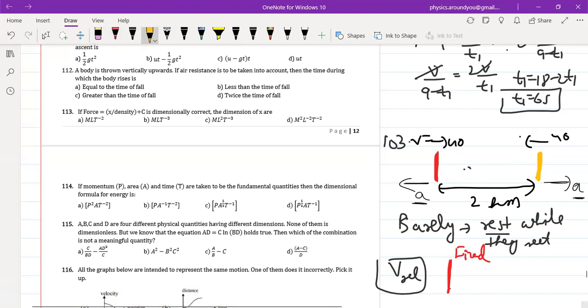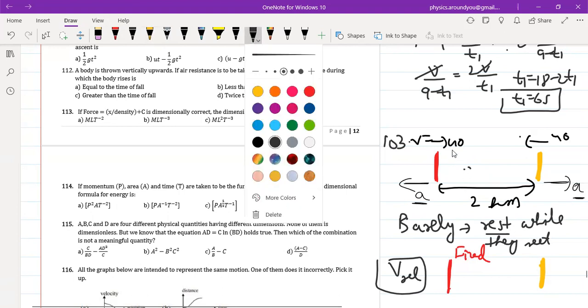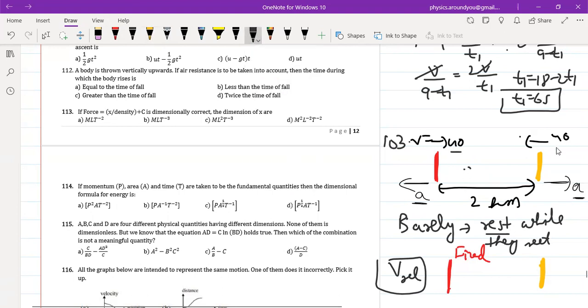What would be the speed of the second train according to the first train? See, both arrows are opposite to each other, this velocity arrow and this velocity arrow. So they will both add up. So the speed of the second train with respect to the first is 80, 40 plus 40. What would be the acceleration of the second with respect to the first?